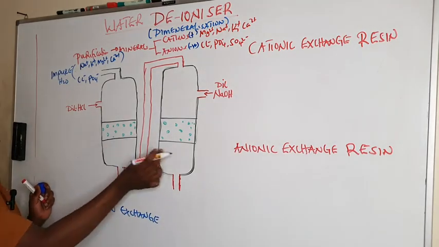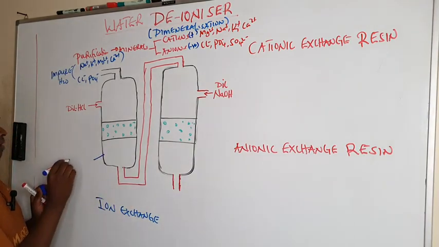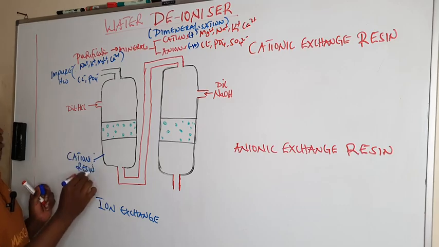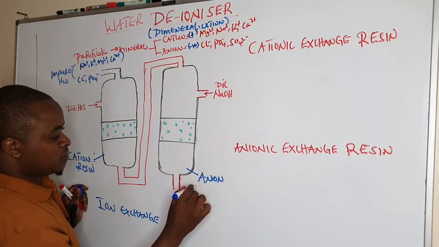So we're going to see this deionizer working under the principle of ion exchange. We have two compartments in the deionizer. The first compartment is the cation exchange resin. Then we have the anion exchange resin.